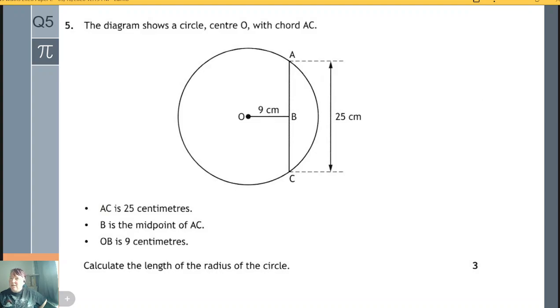OB is 9. Okay, B is the midpoint of AC, which is good to know. That tells us that that side is 12.5 and this side is 12.5. And if we put in our radius, it would help if I had a ruler. There we go. Let me just clean that up a little.